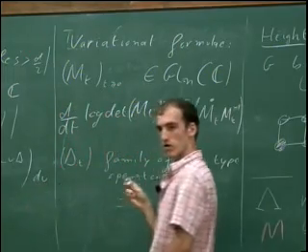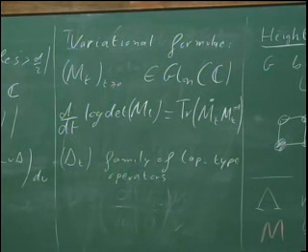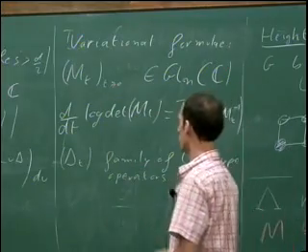So meaning that the symbol is fixed, so it's the symbol of the Laplacian. And then what happens in degree 1 and degree 0, you move smoothly in terms of some parameter t.